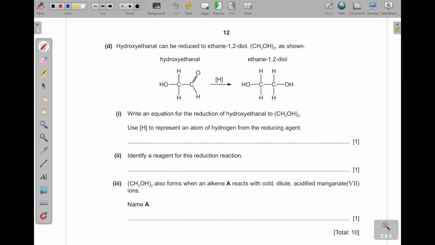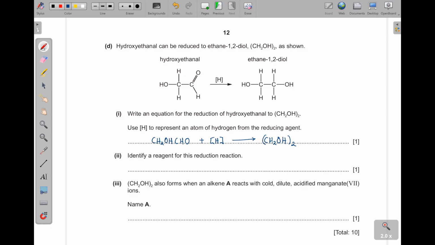So we are going to have CH2OH, and then CHO. Then I can add the hydrogens. Then we get CH2OH.